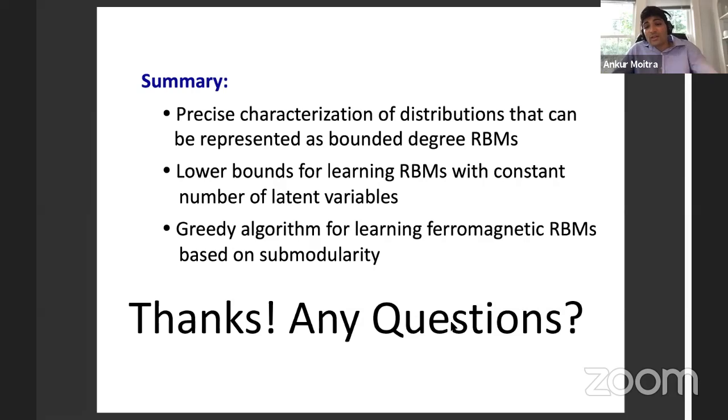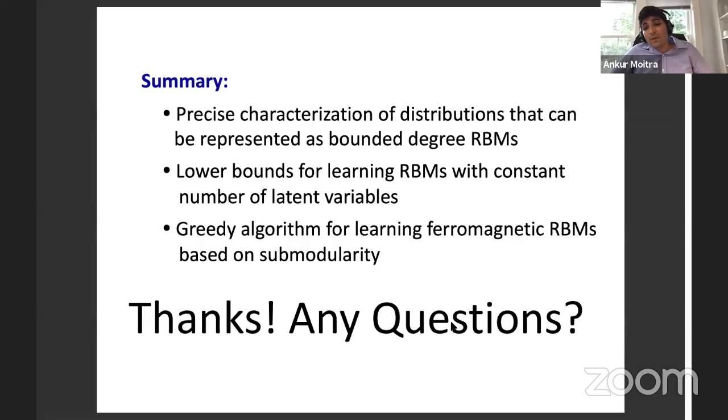But one of the questions that I've wondered for a long time is, what happens if you study these things in the model of smoothed analysis and you perturb your underlying parameters for your RBM? You don't create these accidental cancellations almost surely. So can you algorithmically learn it?